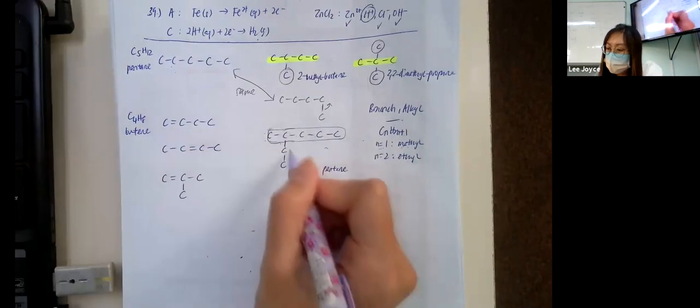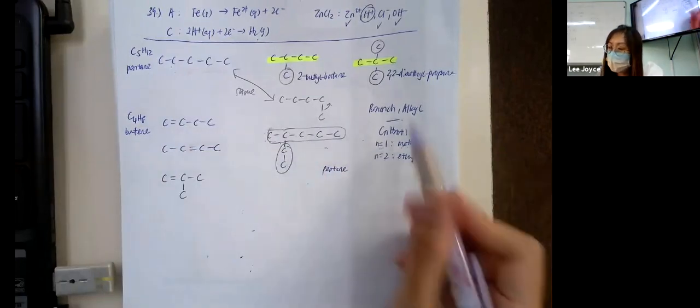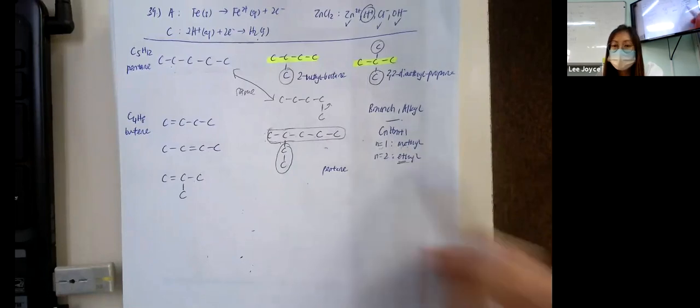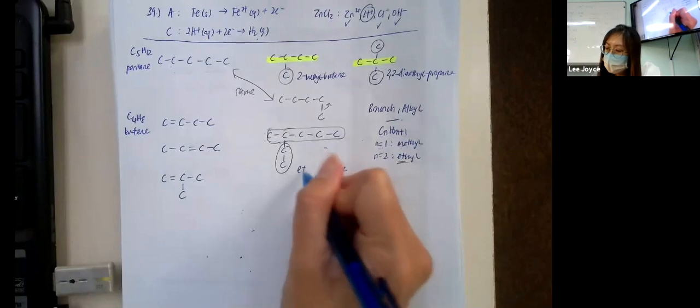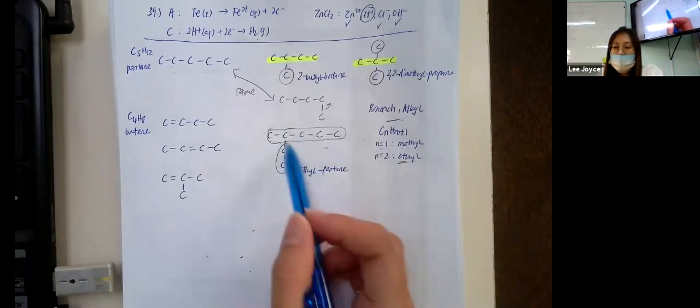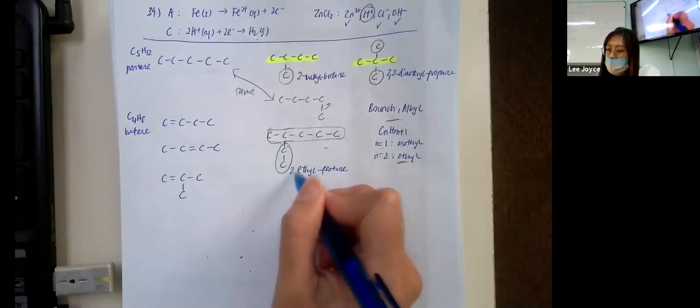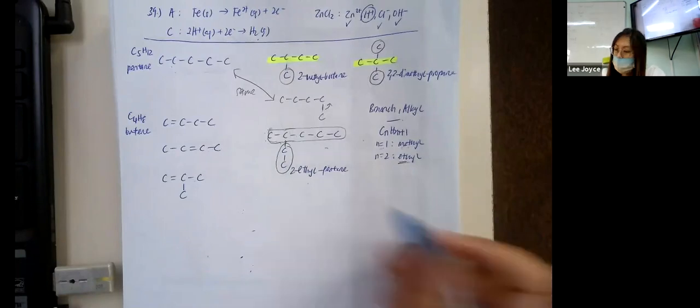See, this branch has 2 carbons that are joined to one another. So a 2-carbon branch is known as an ethyl. Right? So this is the ethyl pentane. Now we not only have to name the branch, we must also give a position. So it's on the second carbon, so it's called 2-ethylpentane. Understand this?